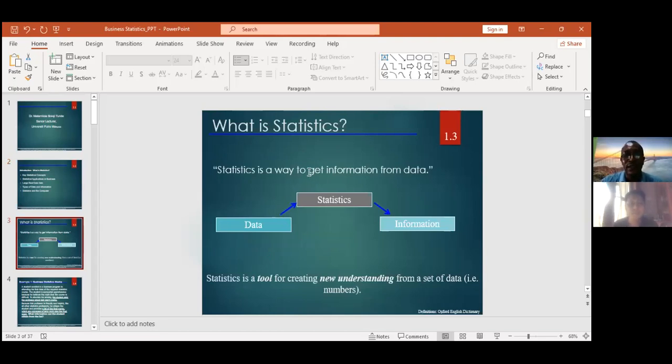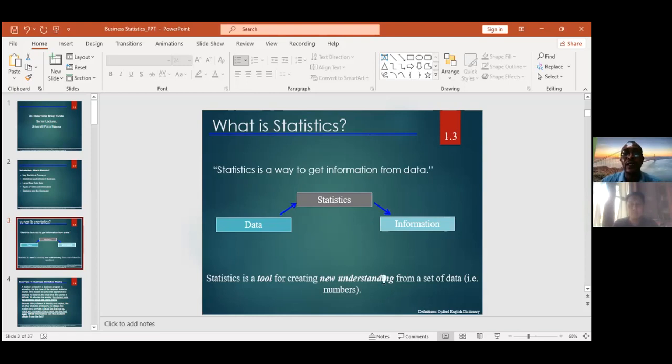So what is statistics? Statistics can be explained as a way to get information from data. So in a diagram form, you use statistics to get information from data. So statistics is a tool for creating new understanding from a set of data.